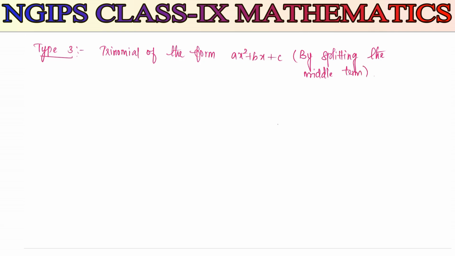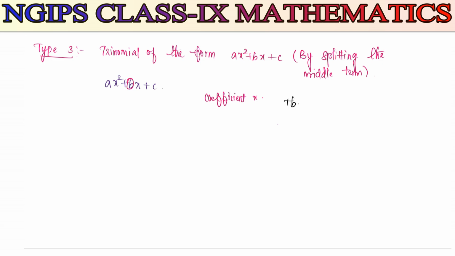Here we have a trinomial of the form ax square plus bx plus c. Trinomial is nothing but three terms. Now this b we have to split, the coefficient of x is plus b. We have to split b into two parts such that the sum of these two parts is equal to b, and the product of these two parts is equal to a and c.